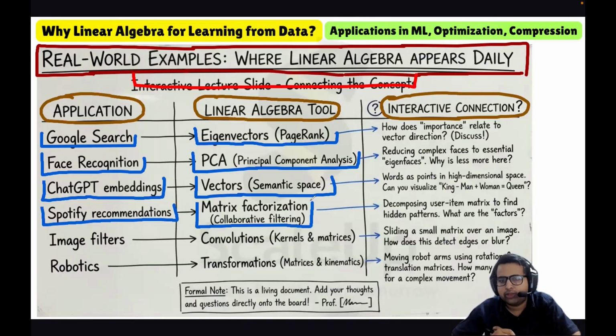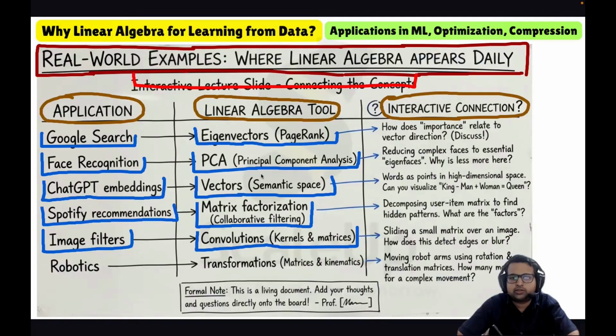We decompose the user item matrix to find hidden patterns. In image filters, we make use of the linear algebra tools called convolutions, kernels and matrices. In convolutions, we slide a small matrix over an image and perform specific operations like detecting edges and blur.